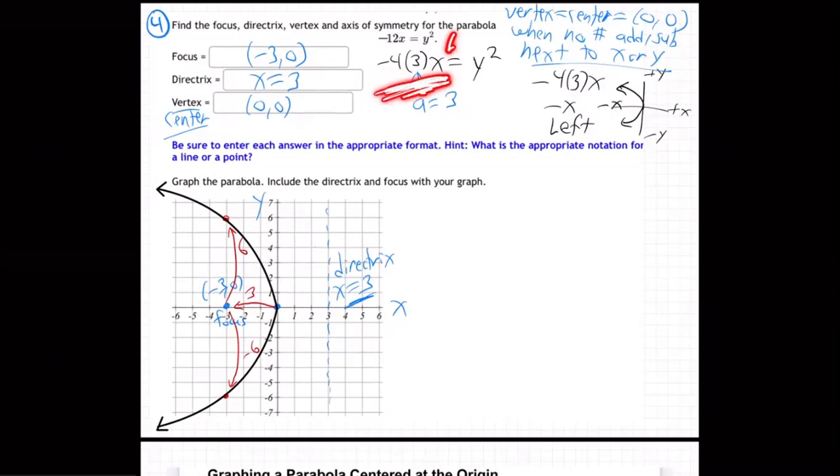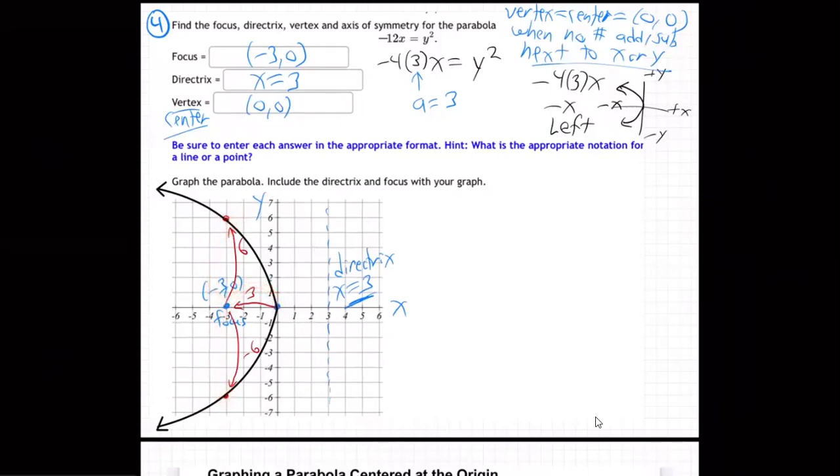It's negative x. Negative x is to the left. And then that number next to the 4, the 3, is how far to the focus point and backwards to the directrix line. You get the focus point and the directrix line. And then these dots, which help you make the graph, are always double. So double how far to the focus. If it's 3 to the focus, go from the focus up 6, down 6, hit those two dots, and you've got the graph. There we go.